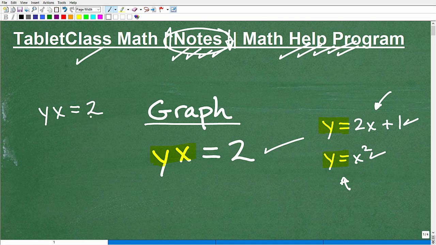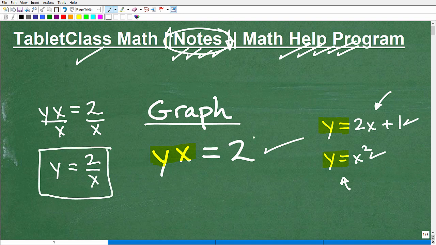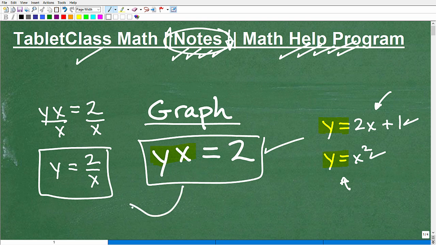Some students get confused on this, but basically the idea is we're going to divide both sides of the equation by x, so y is equal to 2 over x. This is really what we're trying to graph. Of course, this is equivalent to yx equals 2, but I want to see this equation in terms of y only. So we're really trying to graph y equals 2 over x.